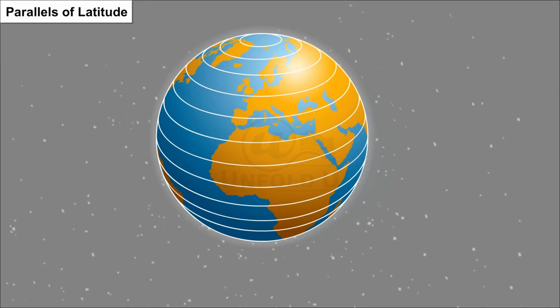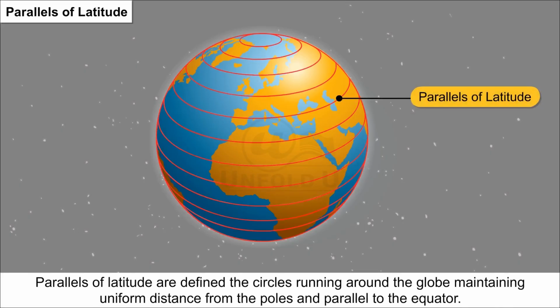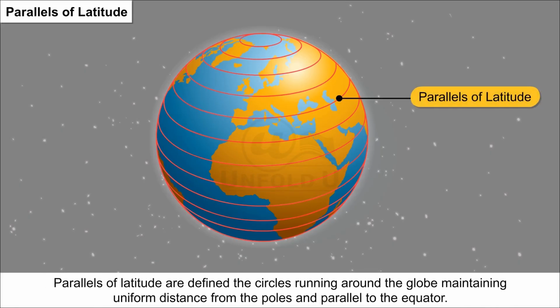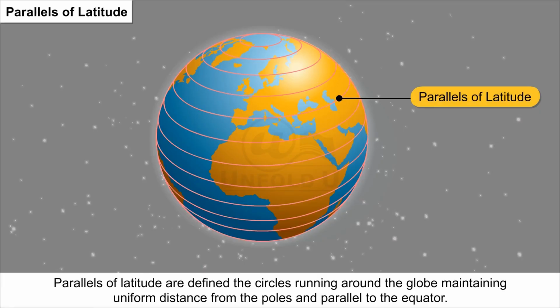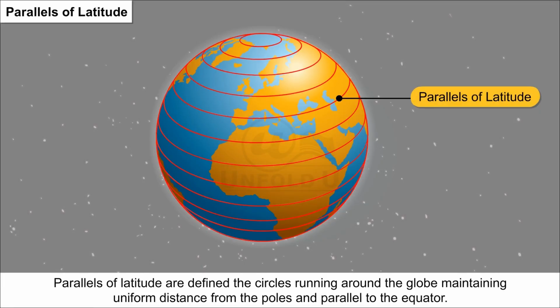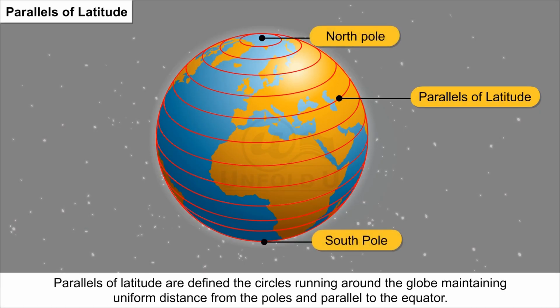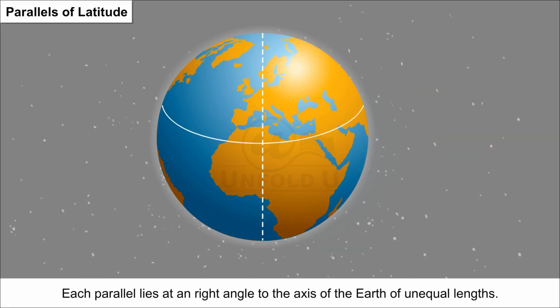Parallels of latitude. Parallels of latitude are defined as the circles running around the globe maintaining uniform distance from the poles and parallel to the equator. Each parallel lies at a right angle to the axis of the Earth, and they are of unequal lengths.